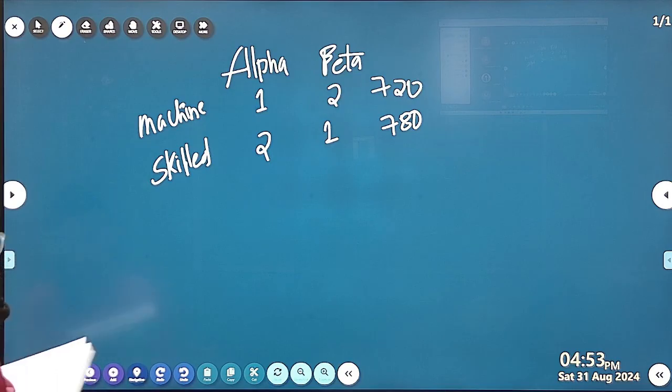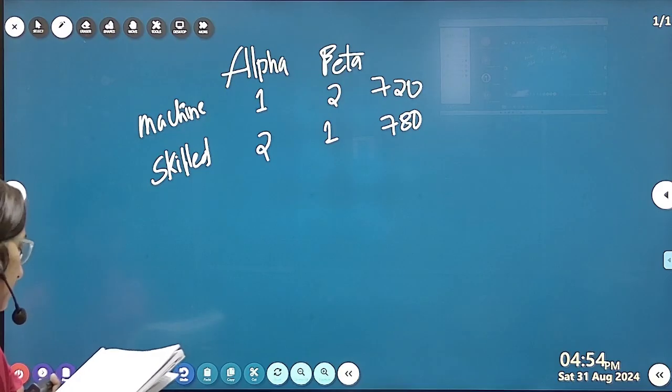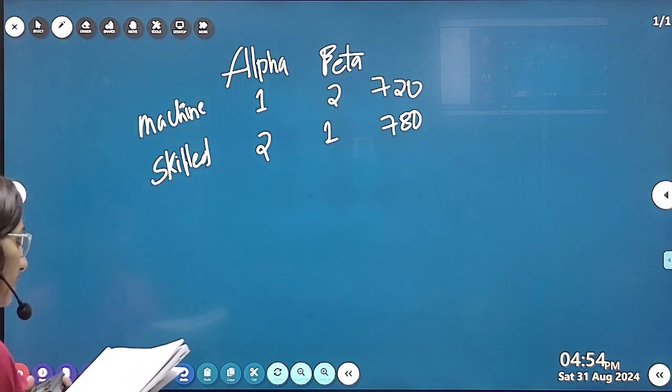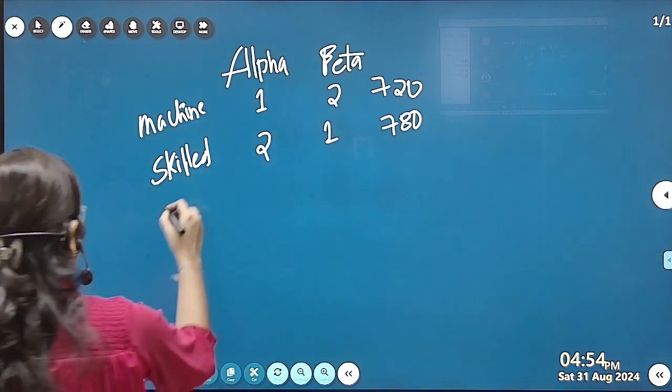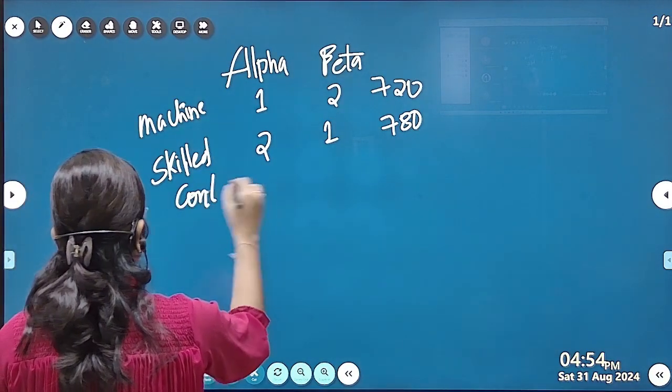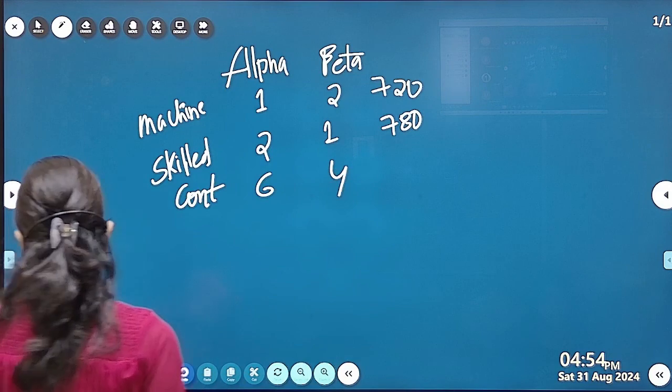Develop a suitable model that will enable the determination of the optimal product mix and maximize the contribution, where the contribution is 6 and 4.